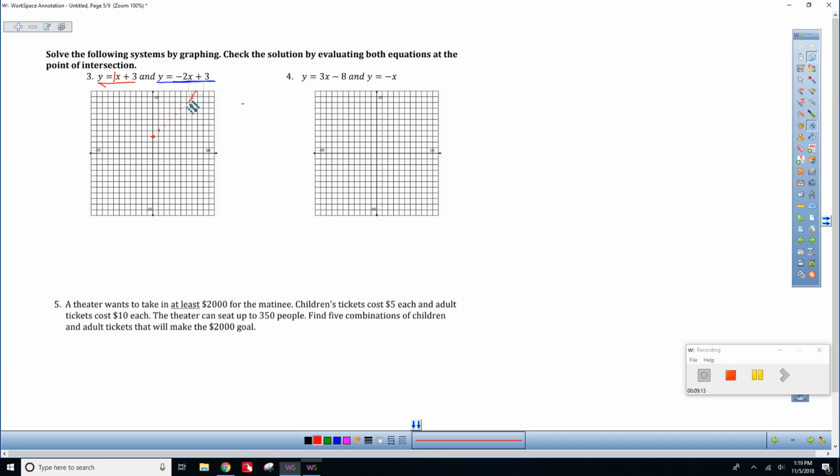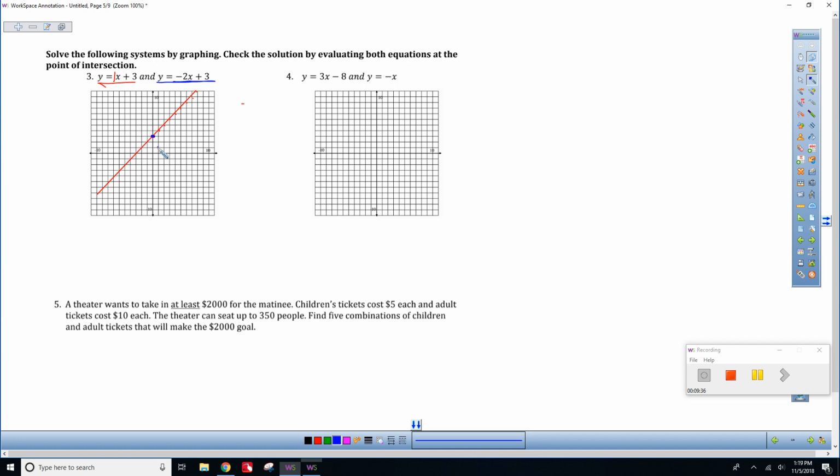Starts right here and goes down there. Okay, now let's do the same thing for our blue line. So y equals negative 2x plus 3. Oh, there's the point of intersection.